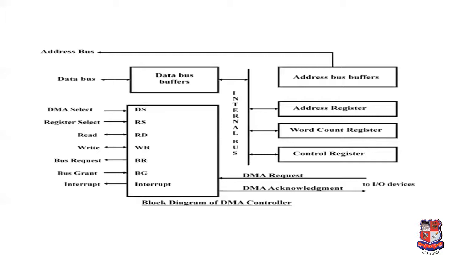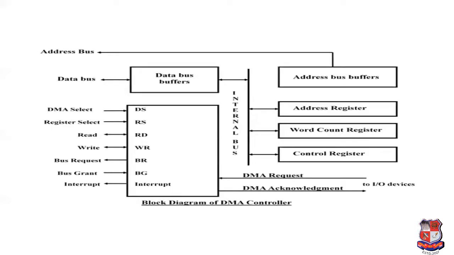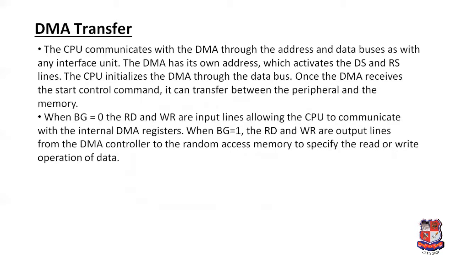Address bus and data bus are used to transfer data between the registers, where the address bus is used to transfer the address of the address register, word count register, and control register. Also, the data bus is used for two-way transfer, read and write, of data between the data bus buffers and the various registers named address register, word count register, and control register.